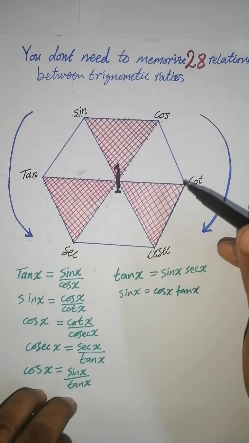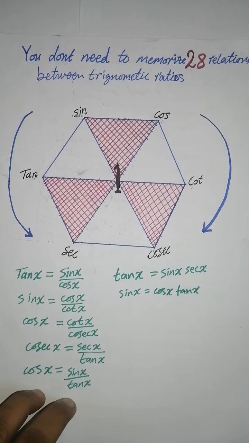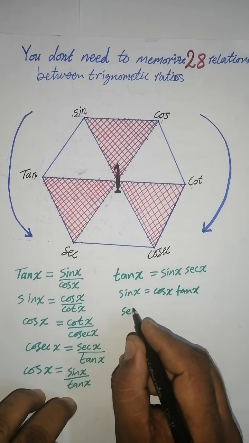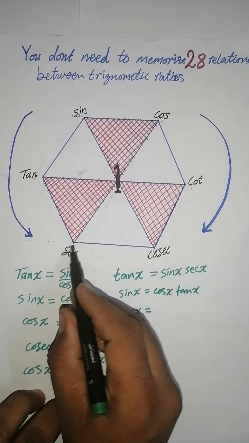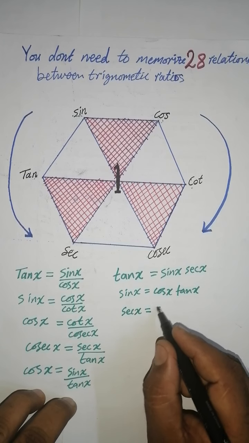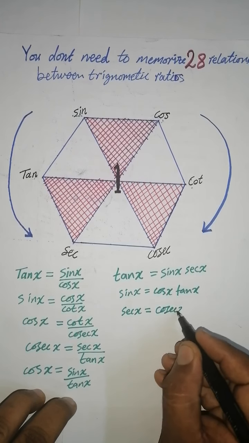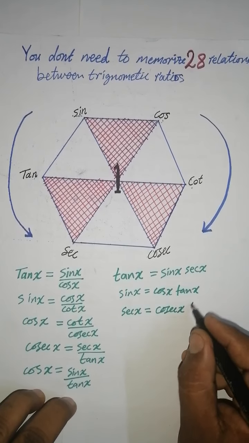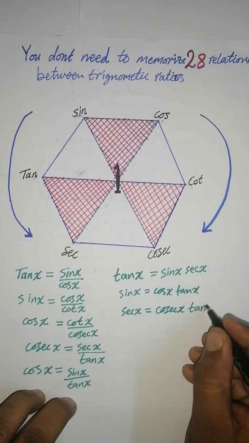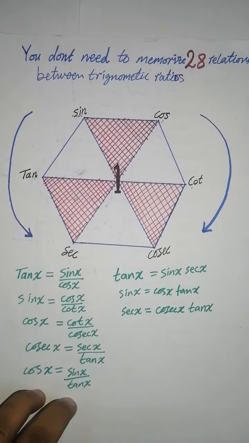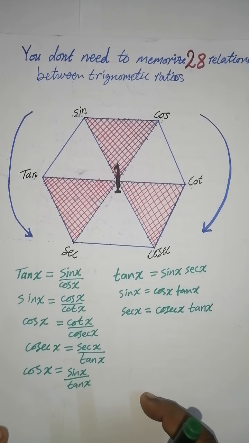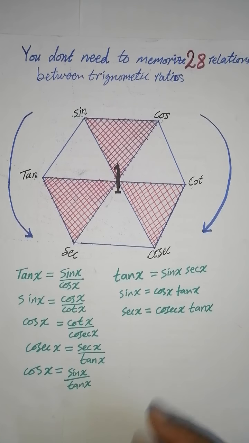Let us choose, for example, sec x. What's to the right? Cosec x. And to the left is tan. So cosec x by tan x or tan by cosec. It doesn't matter how you rearrange it, okay? Now this is the second group of relations between trigonometric ratios.